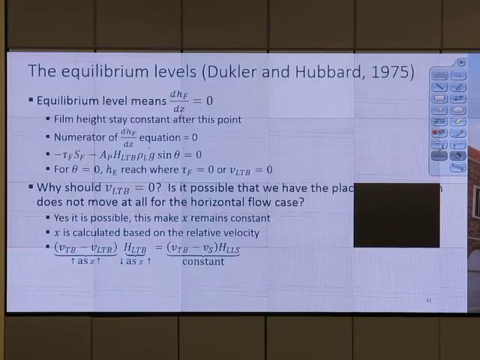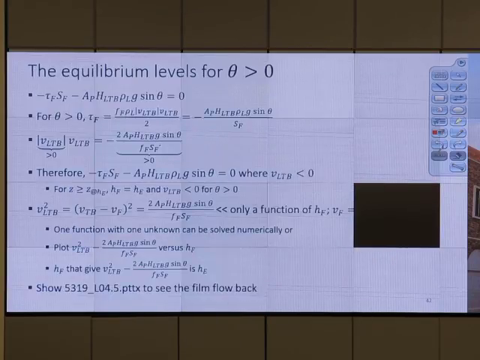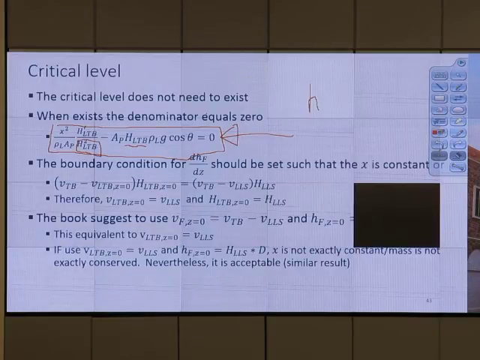So this means everything that you have in the denominator, this is the denominator in the Dukler and Hubbard equation, right? Everything that you have in the denominator is a function of height. It is one equation, one unknown. We can solve it for liquid height to get the critical level.